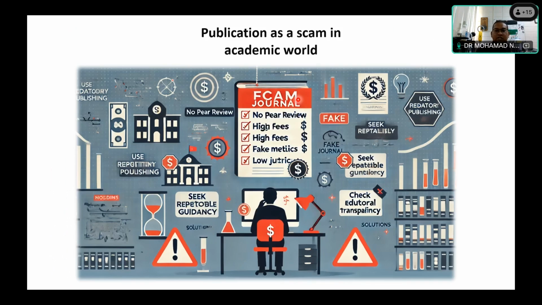So please don't try to save yourself when you do publications, because sometimes people create journals and make a business out of them. If you read the yearly financial reports by Elsevier and Wiley, you will be surprised. They make a lot of money, but we as academicians don't get any cent from them. So be careful.